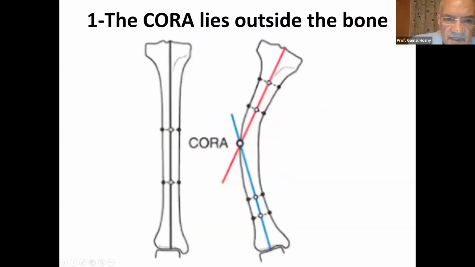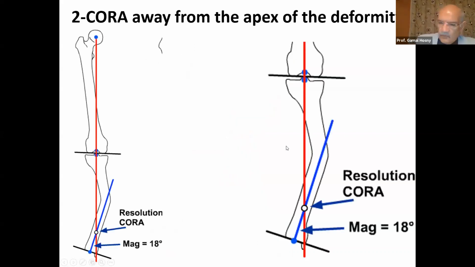But if the CORA lies outside the bone, we have the proximal axis and distal axis. They don't meet in the middle of the bone. They meet outside the bone. The second situation, we have an obvious CORA. You see here, we have an obvious CORA. It's crystal clear.